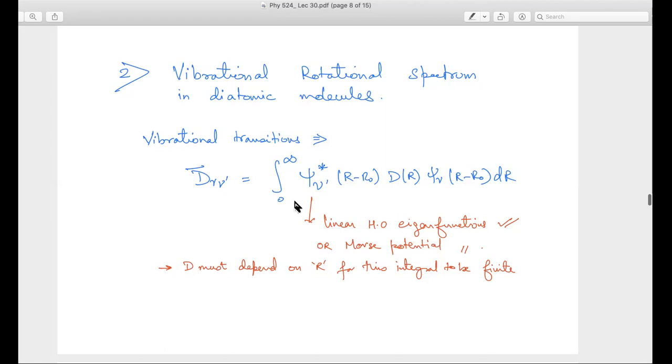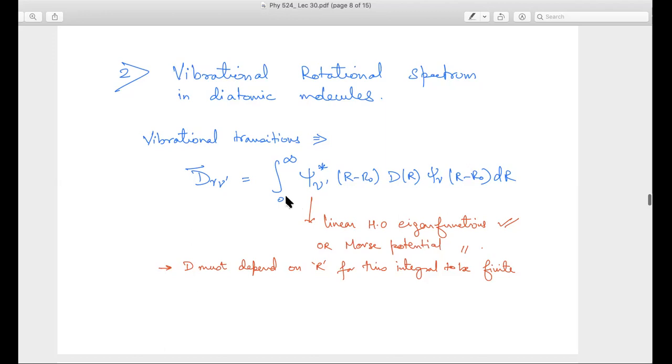And the reason is that I always need to change k by 1. Delta k has to be plus minus 1 if I have a vibrational transition. So they are always coupled. So this optical spectrum of vibrations is always accompanied by rotation, and together they are called the vibrational rotational spectrum.